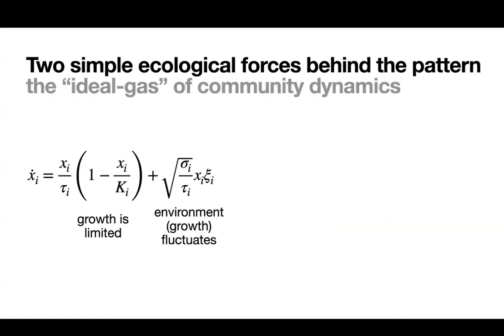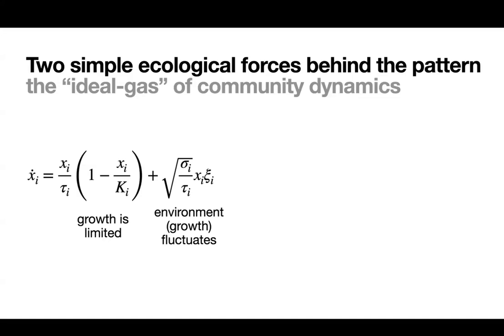Now, a simple way to understand this common pattern is a seemingly simple model, which is based on two very simple mechanisms or processes. This model describes the abundance of population i, so x_i is the abundance of population i. The model takes two main terms.